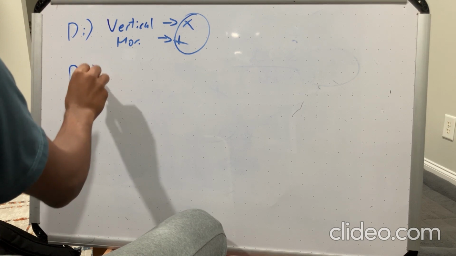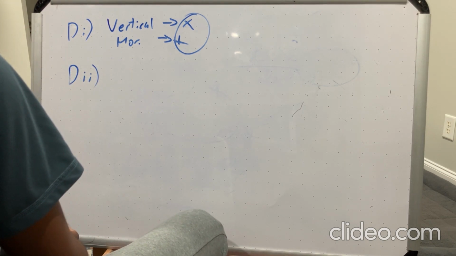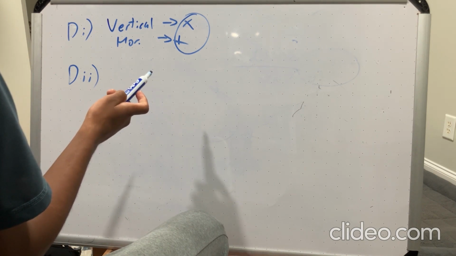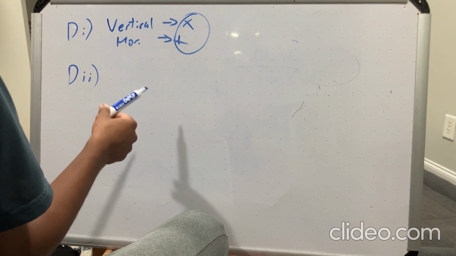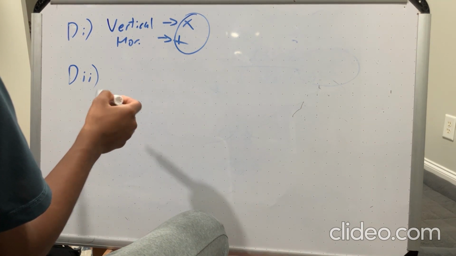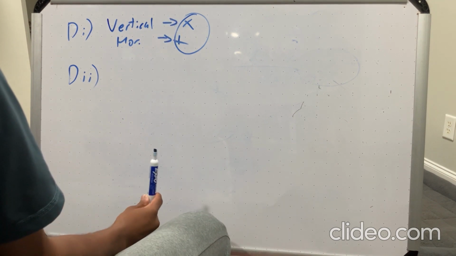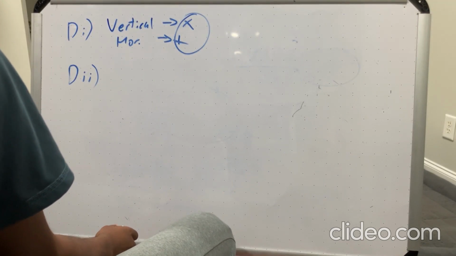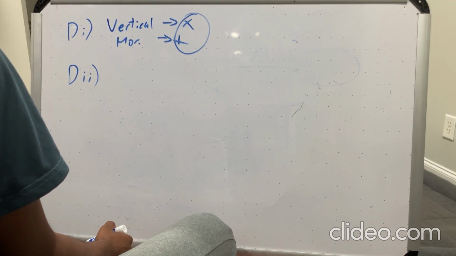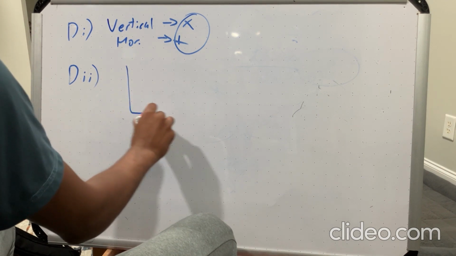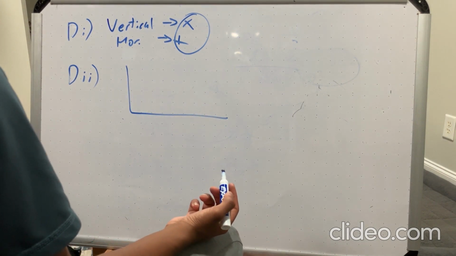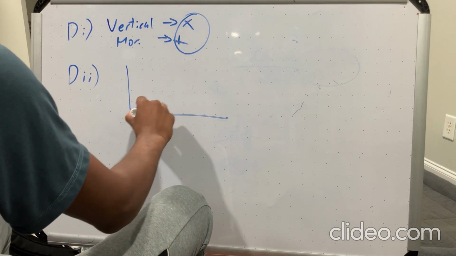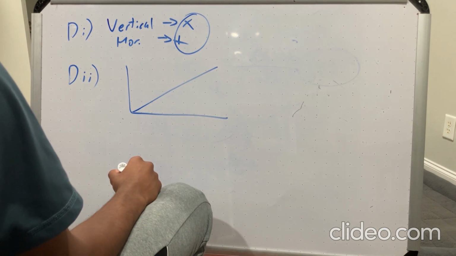This next part is Dii. Plot the data points for the quantities indicated in part 1 on the graph below. Clearly scale and label all axes, including units if appropriate. Draw a straight line that best represents the data. Okay, the graph, we did not do any of this part because our equation was wrong. We didn't get a legitimate answer.